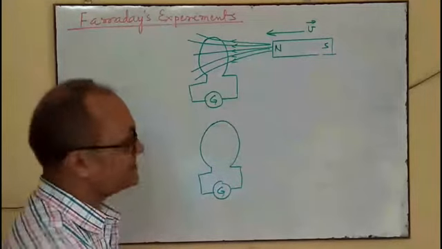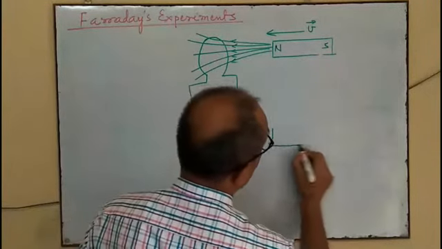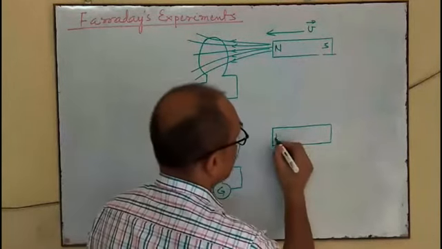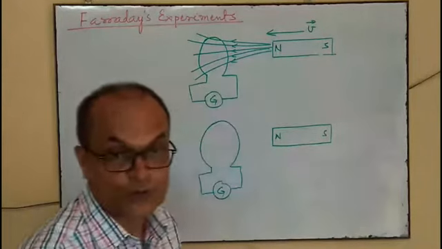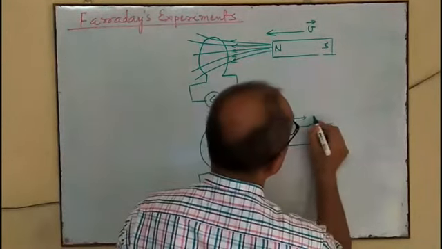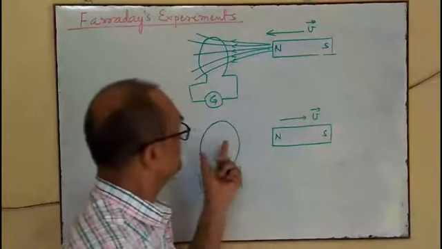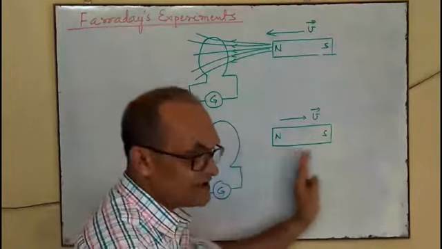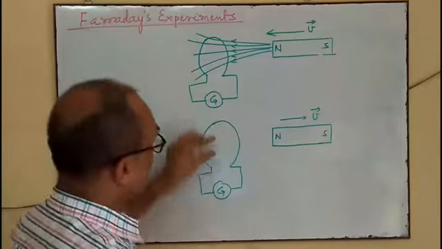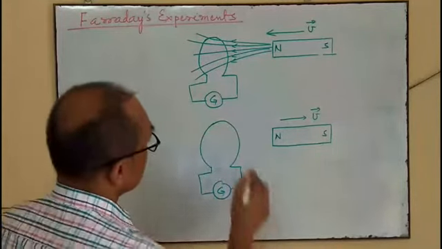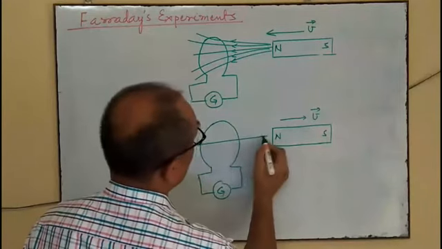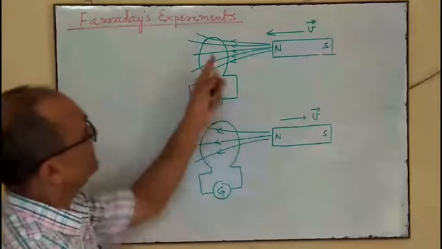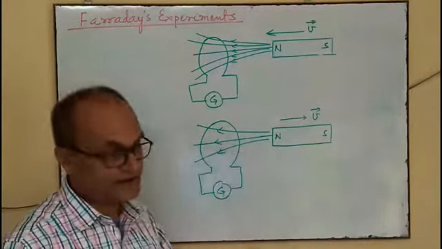But when this coil is placed in the same way, and this time the magnet, which has these two poles, north and south pole, moves away from this coil, we will see that as it moves in this direction, the number of field lines passing through the coil decreases. The magnetic field lines are more here, and here we will see that it decreases.